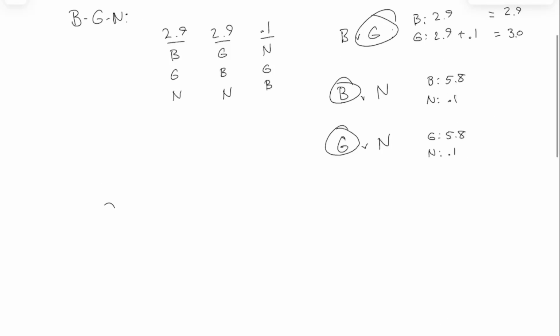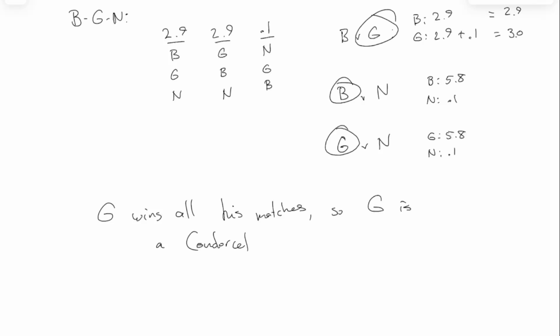So here, Gore wins all his matches. So Gore is a Condorcet winner. Right. Doesn't mean he won the election, because he didn't, but this is what we call a Condorcet winner. Any question about the setup here?